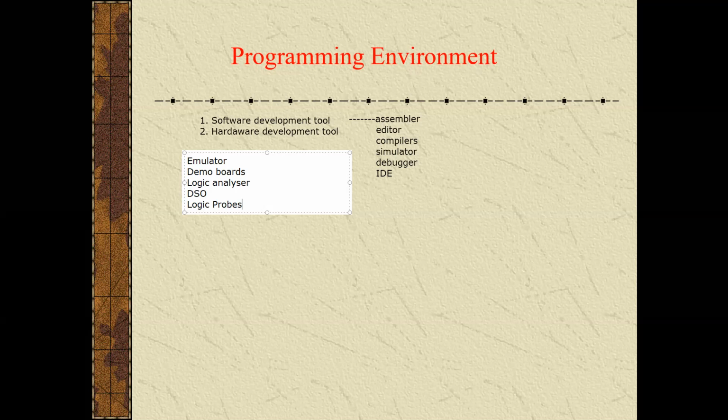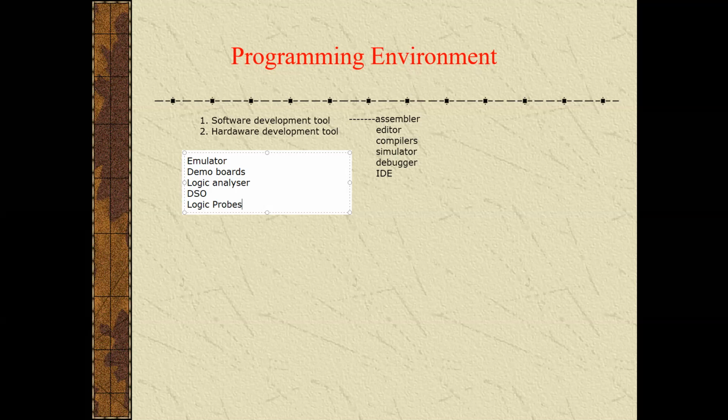This file is called a source file, and an ASM extension is given to it. The source file is then processed using an assembler. The Microchip MPLAB IDE has a text editor that allows the user to enter the program and also edit it. So this is the task of the editor.